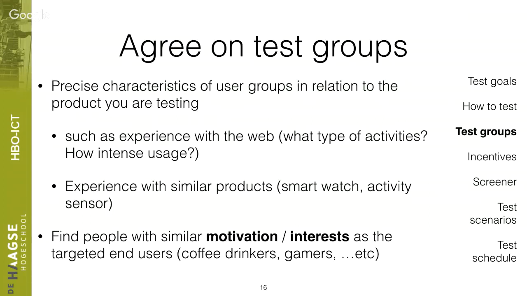And try to get participants that are representative of the people that you're going to test. What we are doing now in the research minor, in the 4th year, we are trying to make systems for people with early dementia. So people that are just starting to have memory problems, problems with cognition, thinking problems.